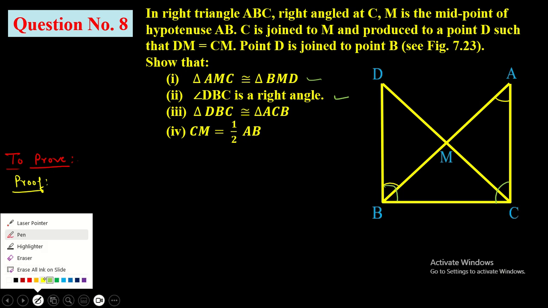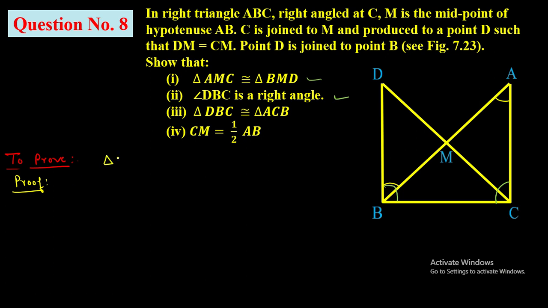So in part third, we have to prove triangle DBC is congruent to triangle ACB.